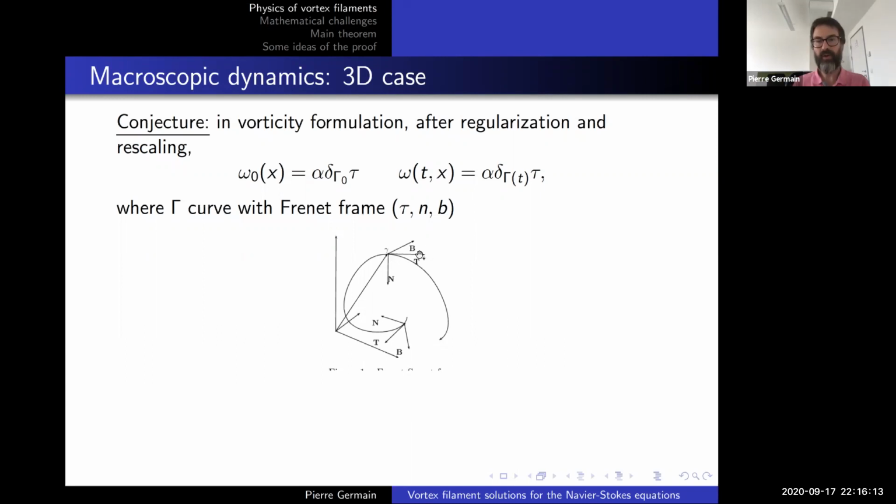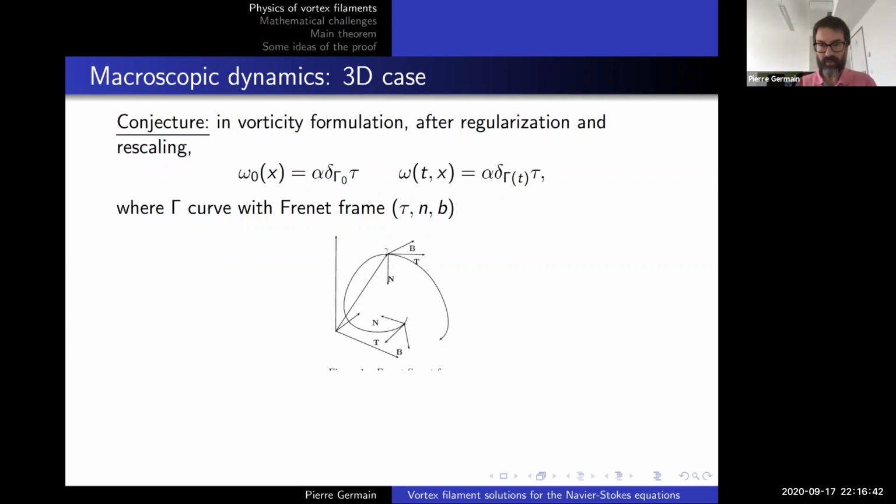And then you choose B, so that tau, N, B is an orthonormal basis in 3 dimensions. So that's the Frenet frame. And you see that the vorticity is always pointing parallel to the curve in order to ensure that the divergence-free condition is satisfied.